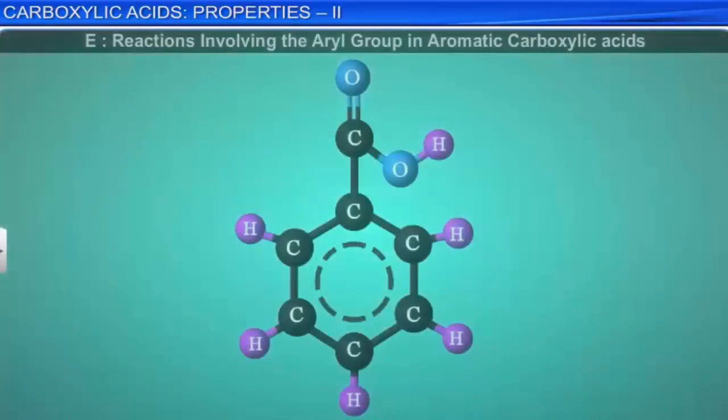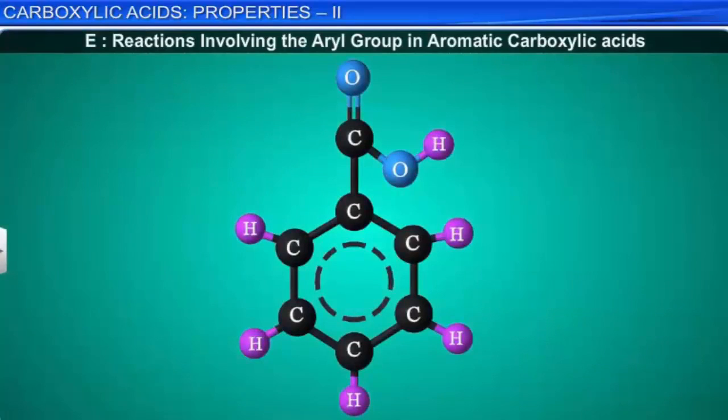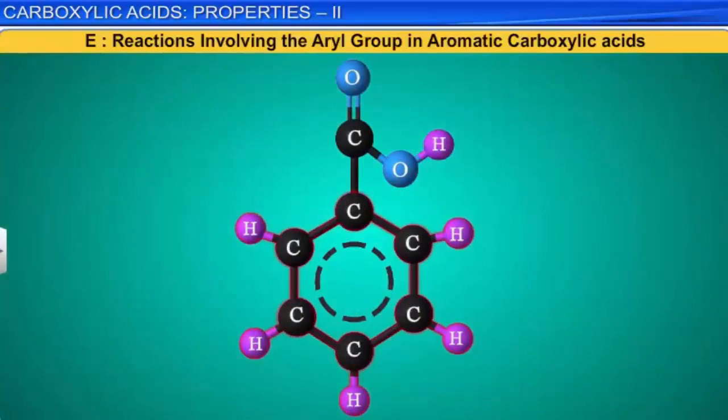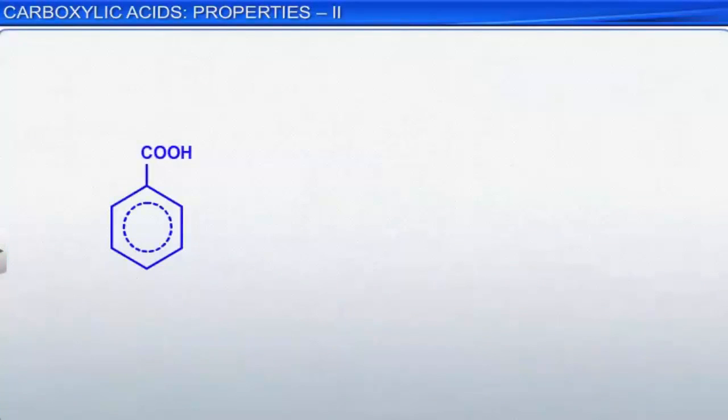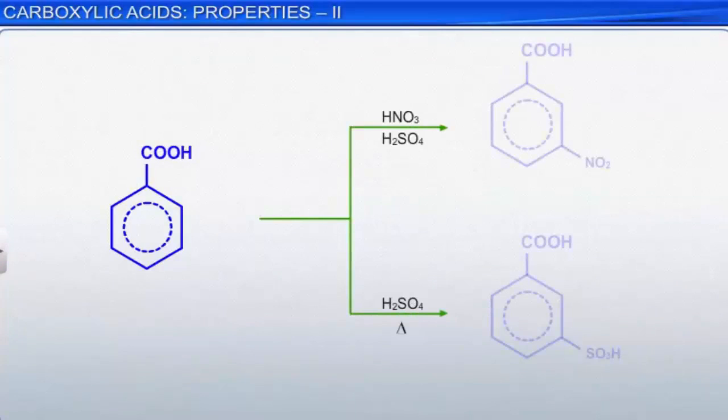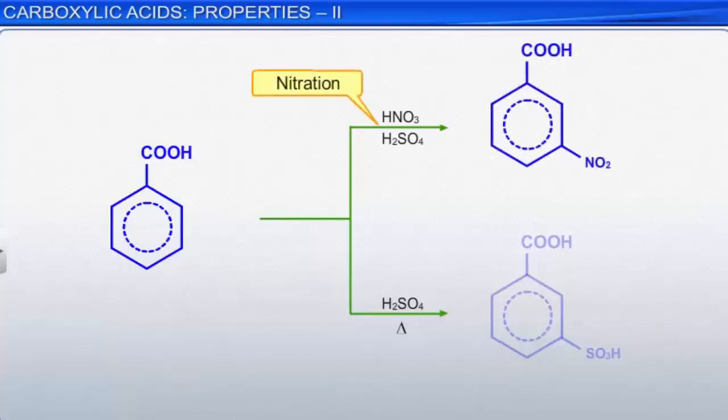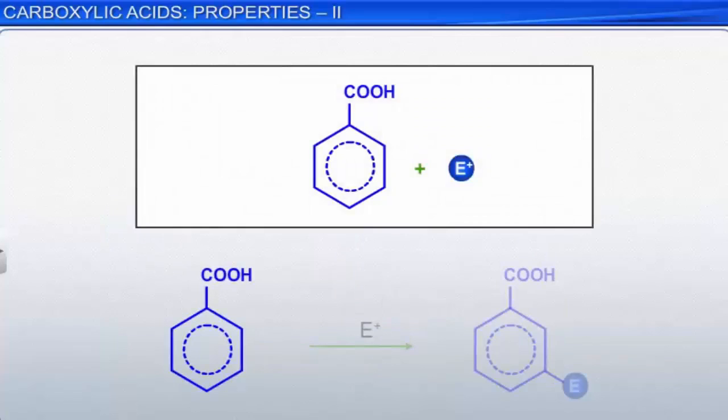Finally, the reactions involving the aryl group in aromatic carboxylic acids. Aromatic carboxylic acids undergo the usual electrophilic substitution reactions of the benzene ring, such as nitration and sulfonation. The COOH group, being a meta-directing group, directs the incoming electrophile to the meta position.